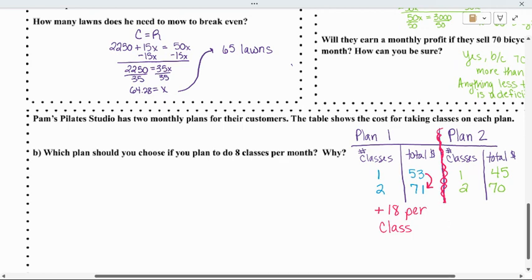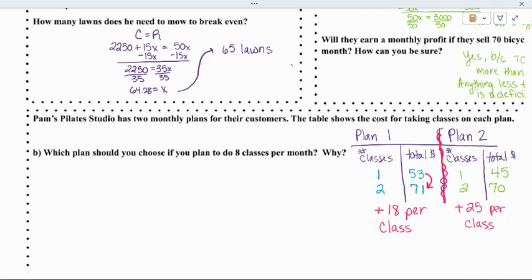What about in plan 2? Yeah, plan 2 goes up by 25. So in plan 2, we're adding 25 per class. So the question is, which plan should you choose if you want to take 8 classes? Why? Plan 1 because you end up spending less money. Could we prove it?